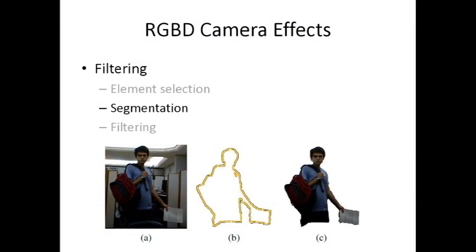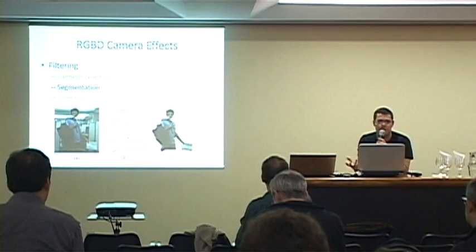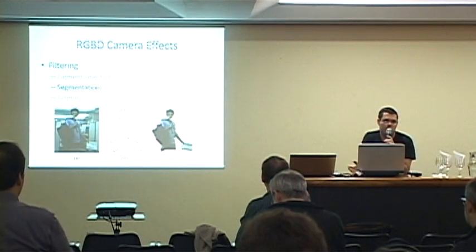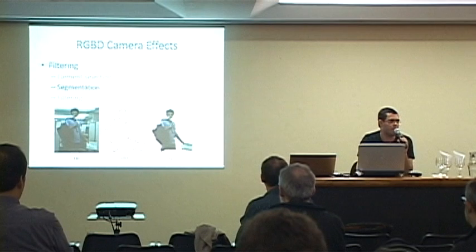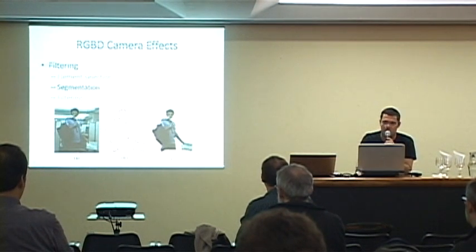The segmentation process is the main step of this effect. If you use an RGBD image, we can obtain the segments more easily. Segmentation is a hard task in image processing, but if we use the depth data, we can obtain these segments more easily.